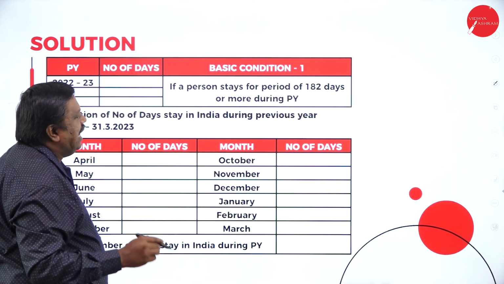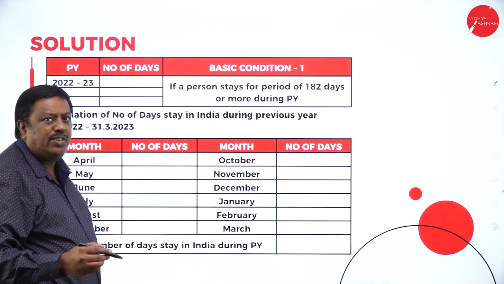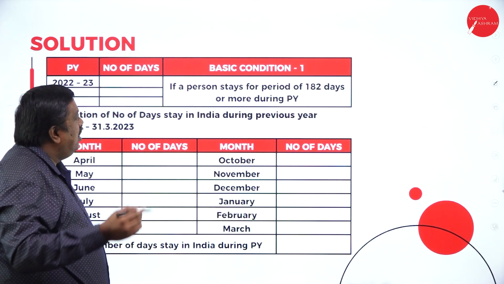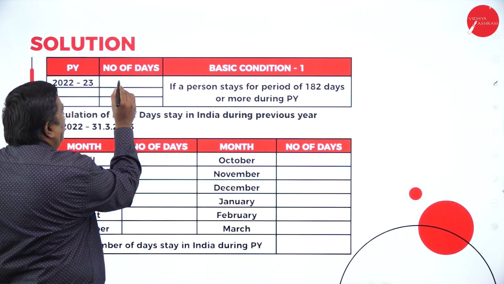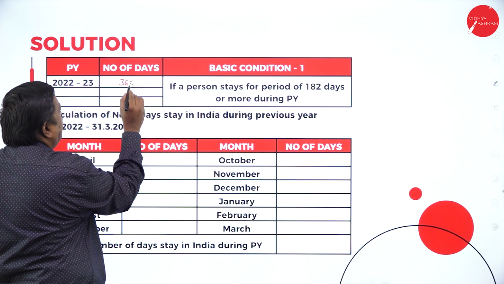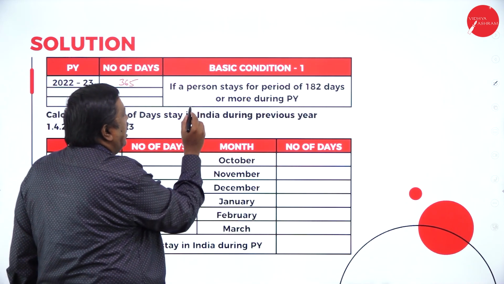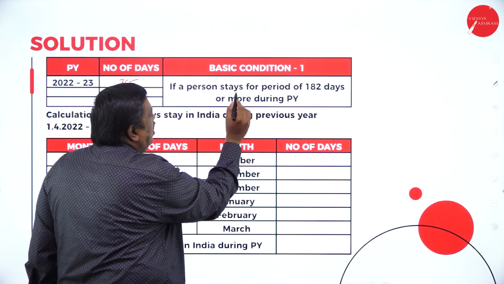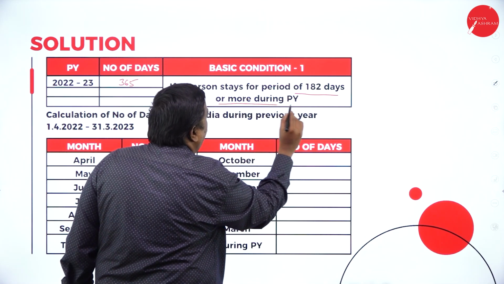Solution: let us determine the number of days of stay in India during the previous year 2022-23, with 365 total days. To satisfy the basic condition, a person should stay in India for 182 days or more during the previous year.